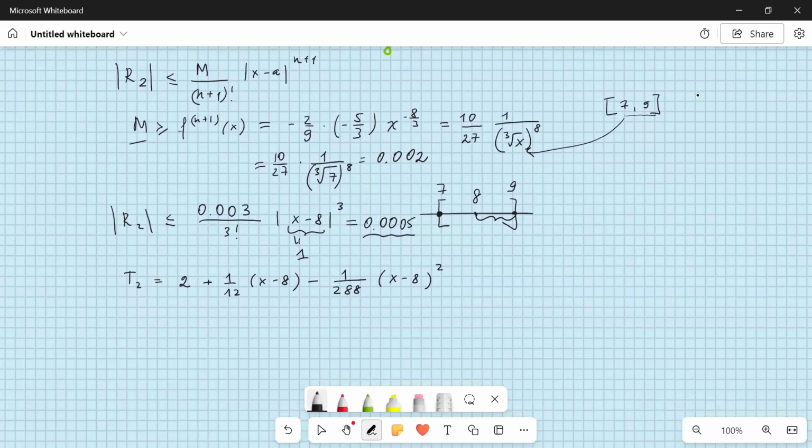Yeah, so this polynomial, which is a complicated quadratic function, approximates my actual function, which is a cubic root of x, with very good accuracy on the interval from 7 to 9, nearby 8. So actually, if we don't need more accuracy, we can use the quadratic function instead of the cubic root of x, for which we don't know the value. For a quadratic, we can even calculate manually with hands, not only with a calculator, right?